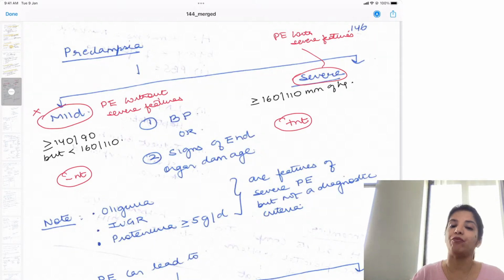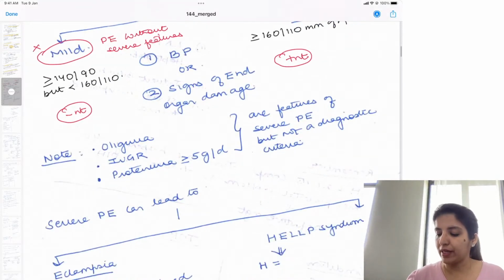In preeclampsia without severe features, that is mild preeclampsia, signs of end organ damage are not seen. So there are only two criteria which tell you whether you are dealing with mild or severe preeclampsia. One is the BP criteria and the other is end organ damage criteria.